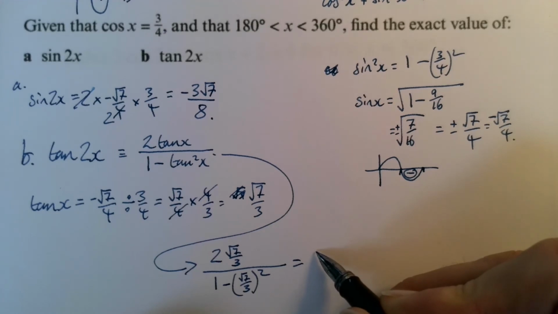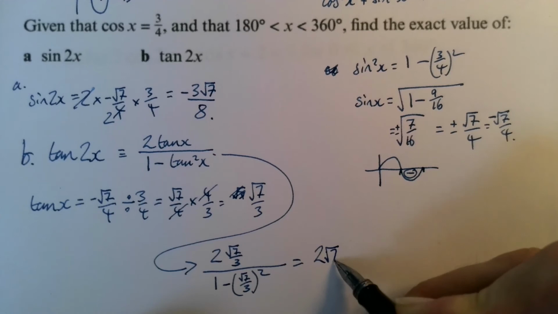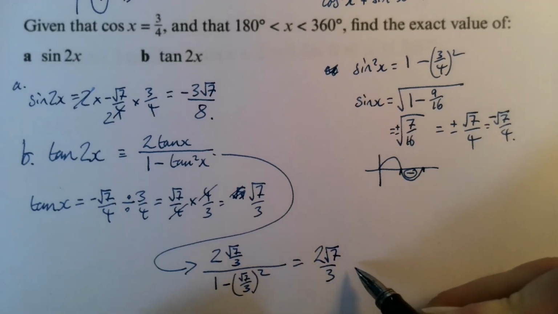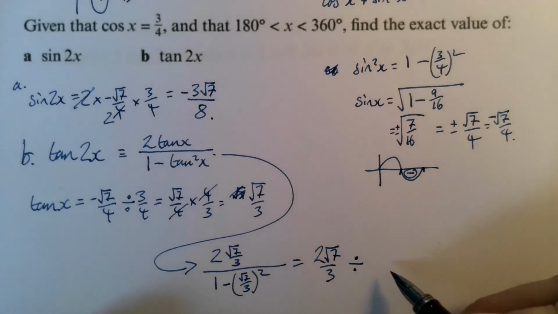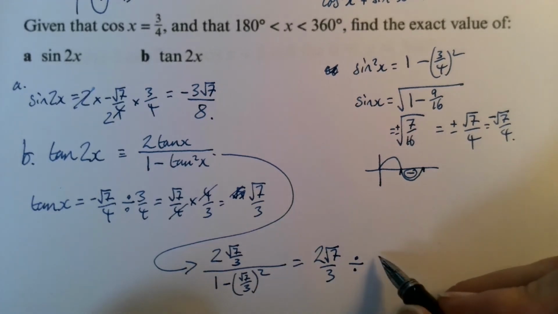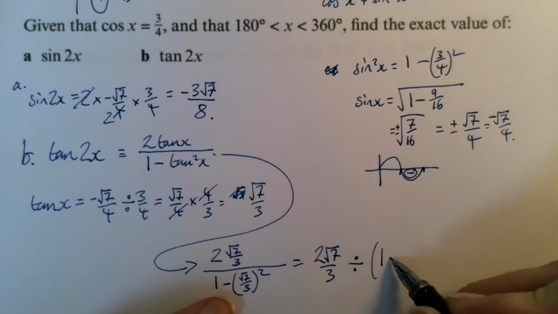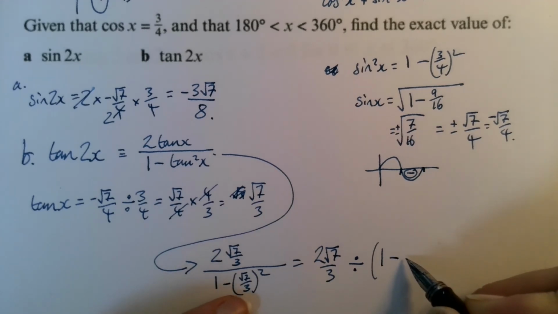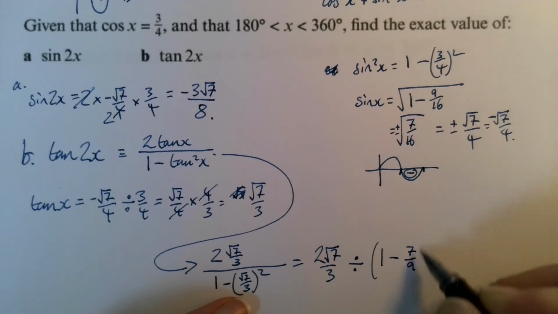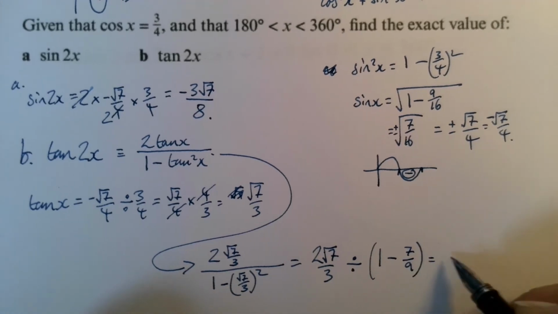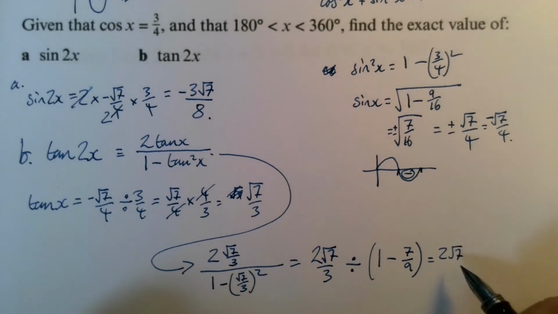We can say that that's going to be 2 √7/3 divided by 1 take, what's that, √7 squared is 7, 3 squared is 9, so that will be 2 √7/3 divided by 2/9.